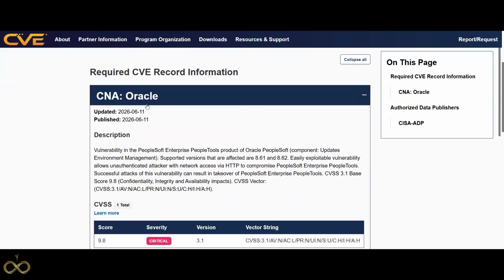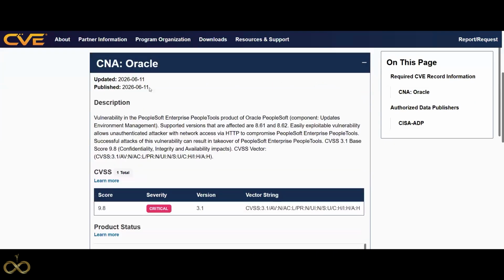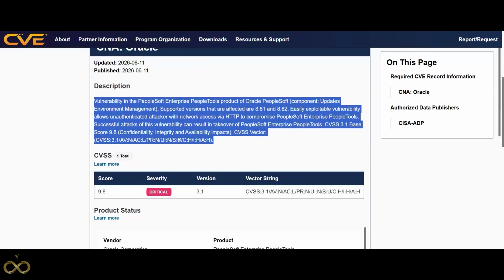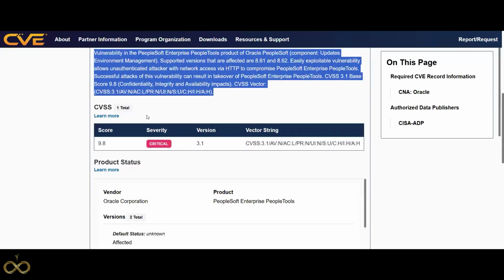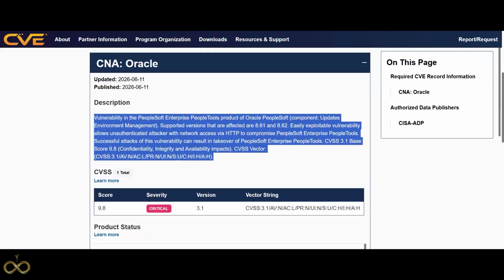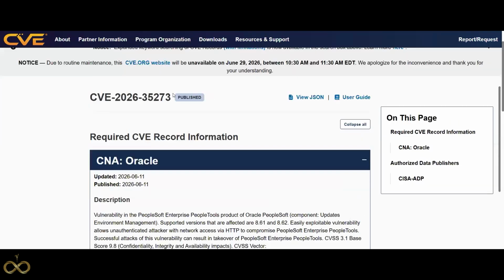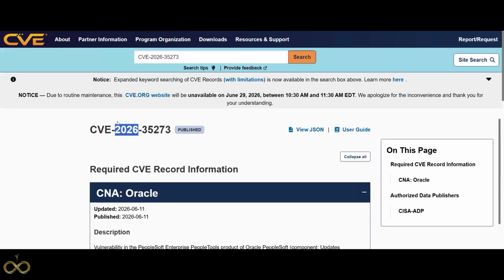This is an Oracle vulnerability. When was it published? When was it updated? What is the description of it? CVSS, I'll tell you what this is. Right now, just have a look at this. This 35273 was discovered in 2026.